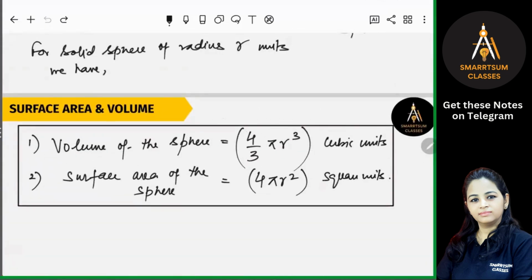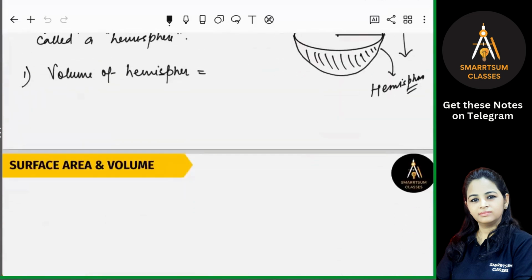If we divide this by 2, we get the volume of the hemisphere: 2 by 3 pi r cube. So you can directly write 2 by 3 pi r cube, which you obtain by dividing the volume of the sphere by 2, in cubic units.